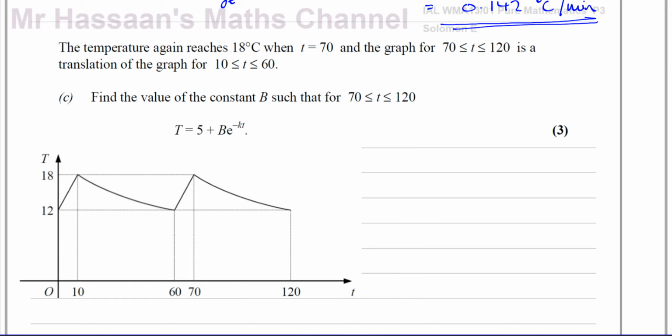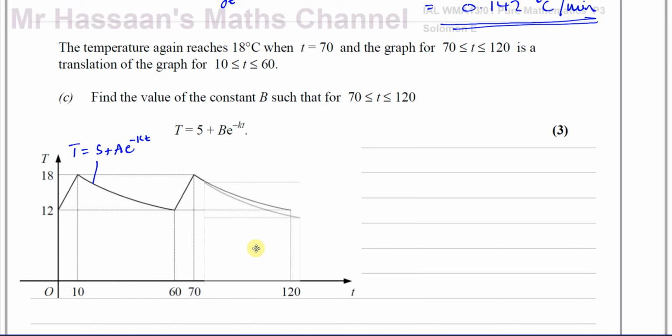It says find the value of the constant B such that for time between 70 and 120, the temperature is 5 plus B times e to the power of minus KT. What we know is the original graph is T equals 5 plus A, which we know the value of, times e to the power of minus K, which we know the value of again, times T. This is a translation of that graph.